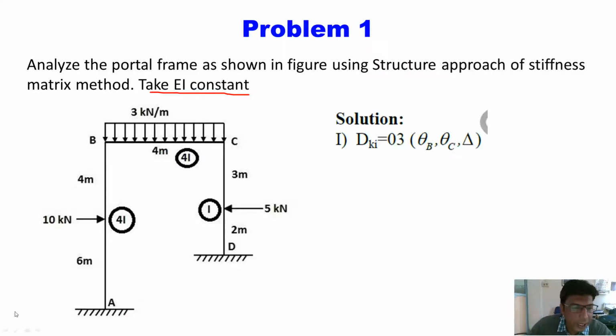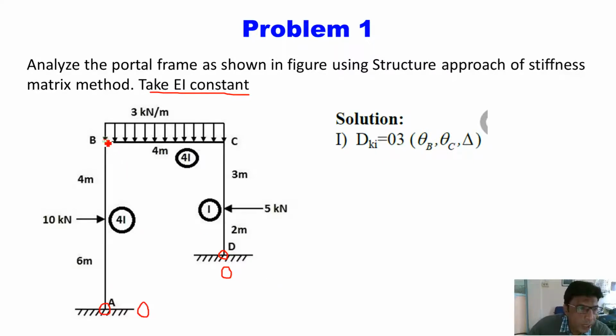So the degree of kinematic indeterminacy for the given portal frame. Support A is fixed, so we know that kinematic unknowns are 0 at a fixed support, so it is 0 at A. Support D is also fixed, so kinematic unknowns are 0 at support D as well.